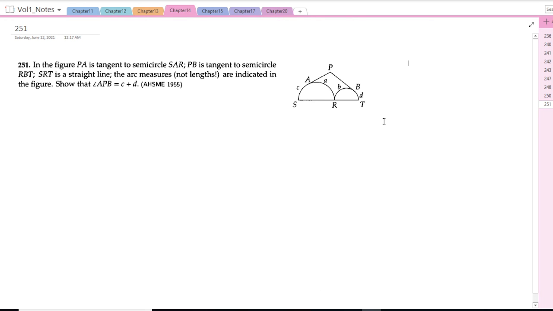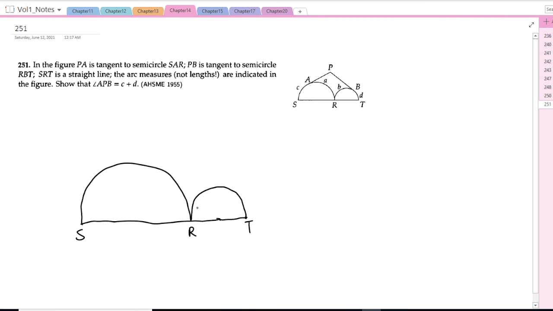Question number 251. Okay, so we have a figure here, RST as SRT, then we have PA, and PA is tangent to this circle, right?